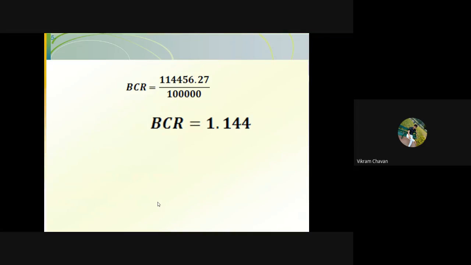Why do we have to accept this project? The value of BCR is greater than 1. That is the significance of this value. The project BCR value is greater than 1 and it is equal to 1.144. So we have to accept that project, and this project will provide a profit on the investment.